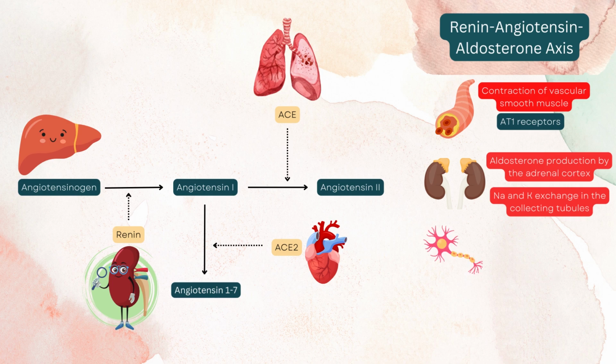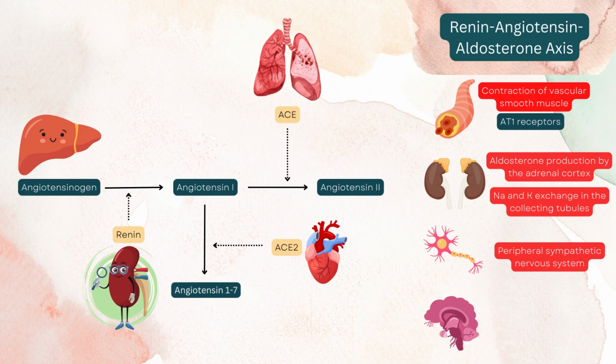Angiotensin-2 enhances the activity of the peripheral sympathetic nervous system and also promotes ADH secretion by the posterior pituitary gland. ADH then stimulates water reabsorption in the collecting duct.